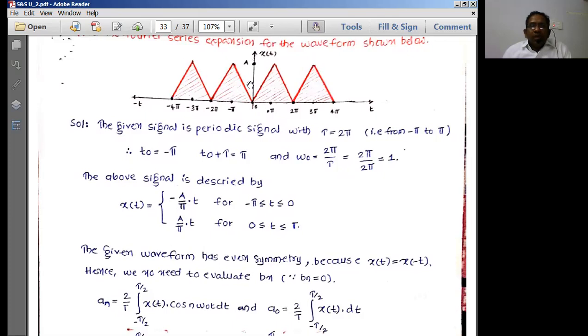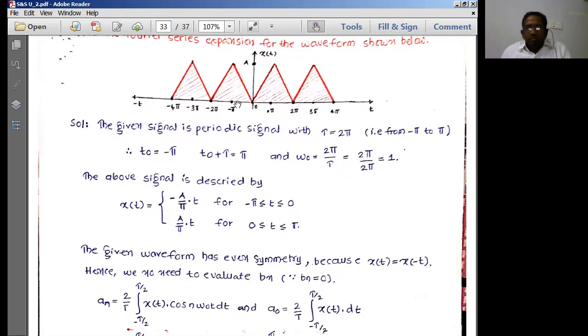The maximum amplitude is going to be A, so A by, this particular time duration being pi, A by pi. Minus A by pi, because it is a decreasing ramp, into t, over the limits t lies between minus pi to 0.